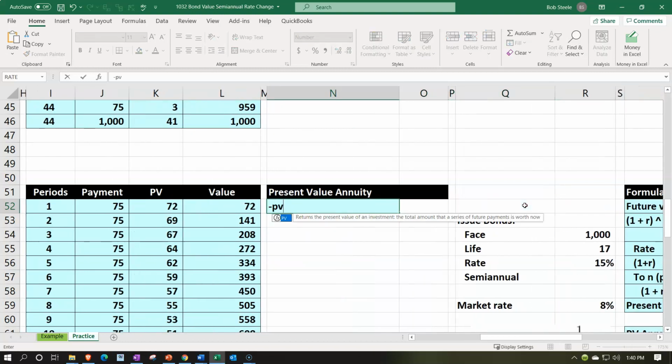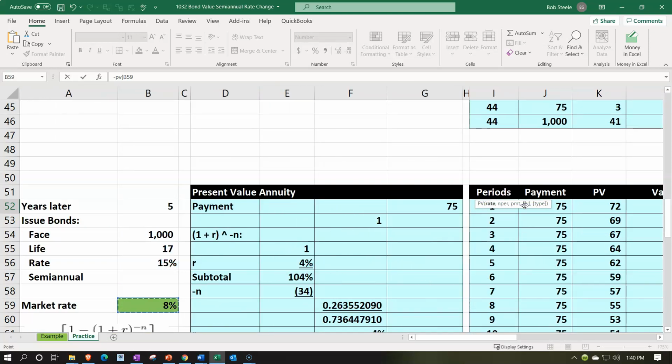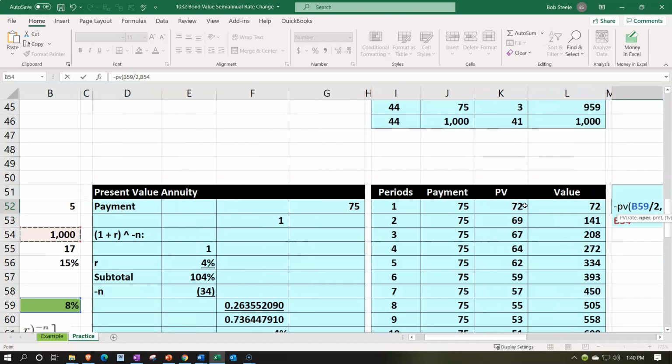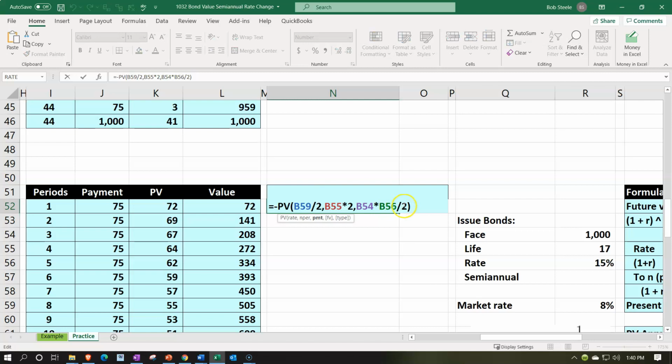Present value: rate is going to be the 8 divided by 2, comma, number of periods, 17 but then times 2, comma, and then the payment, 1,000 times the market amount of the 15 divided by 2. All right, and then if I go into that, this is what it looks like.